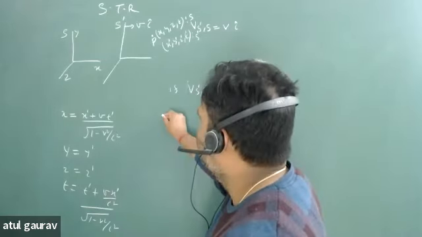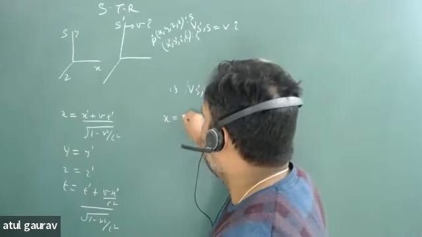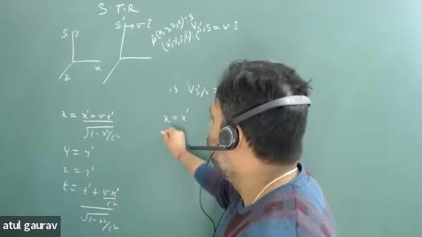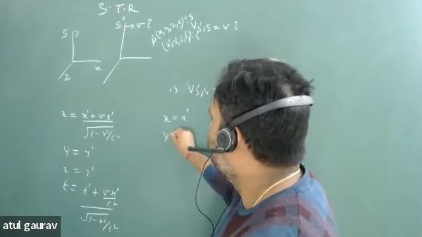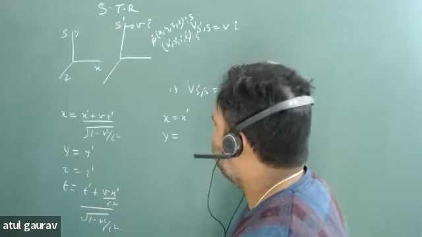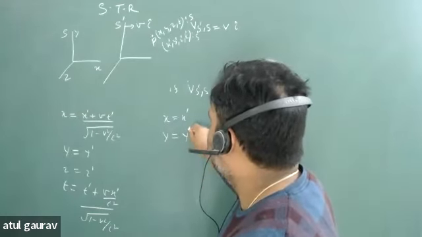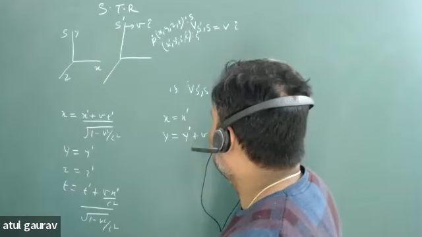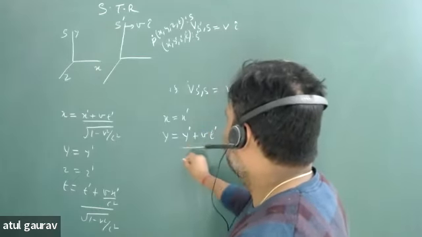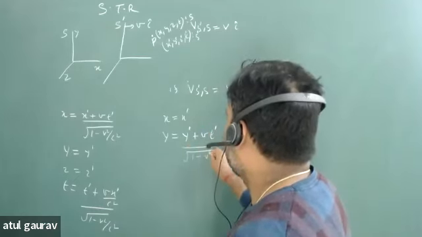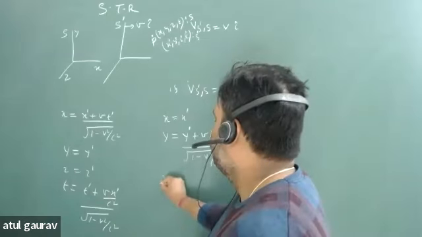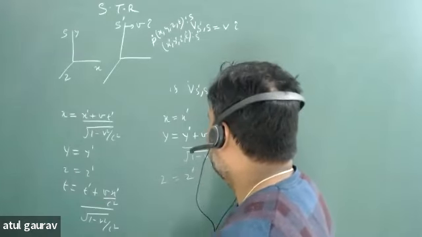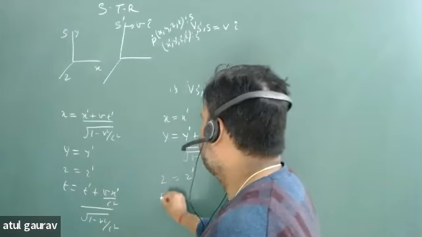X is equal to X dash, and there is the Lorentz transformation in the direction of Y, so Y can be written as Y dash plus V T dash upon root under 1 minus V square by C square. Z will remain the same, but T is again going to change.